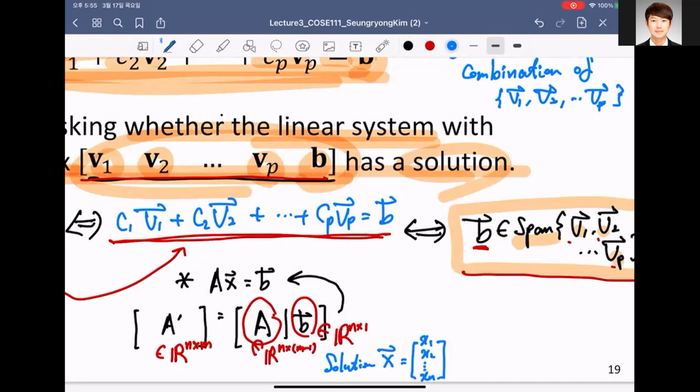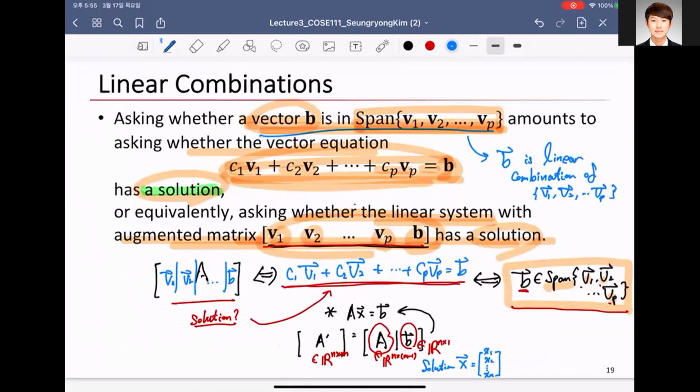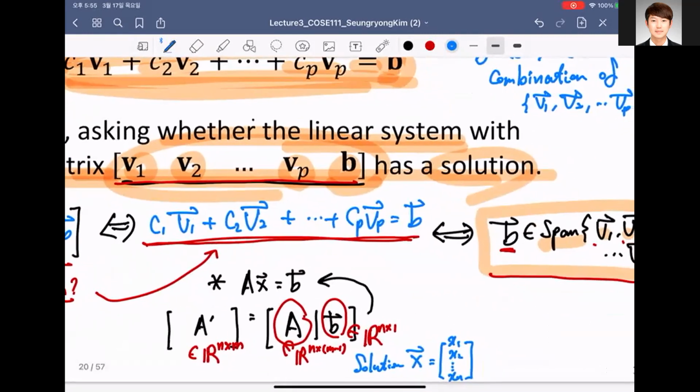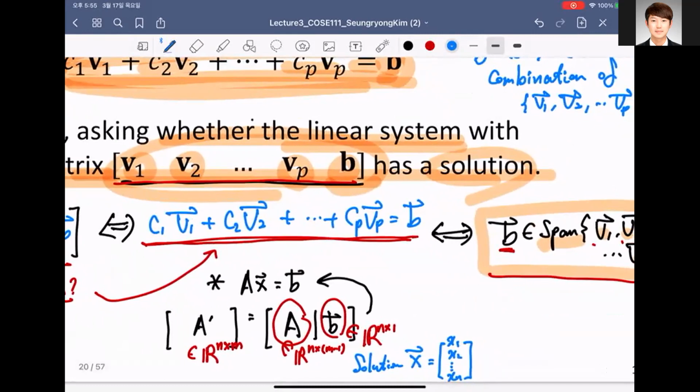Then we can write this problem as AX equals b. Right?